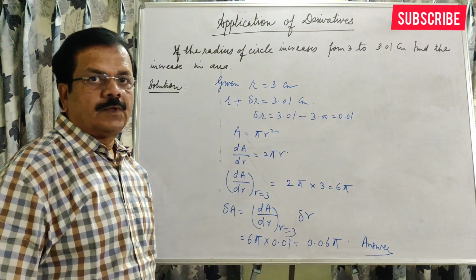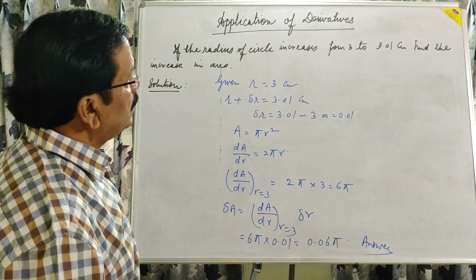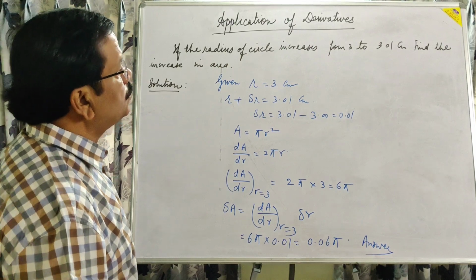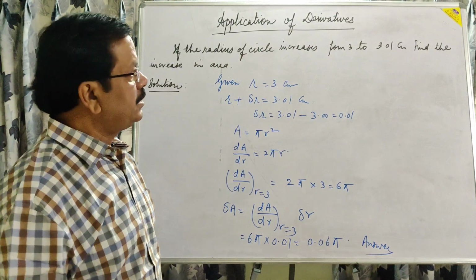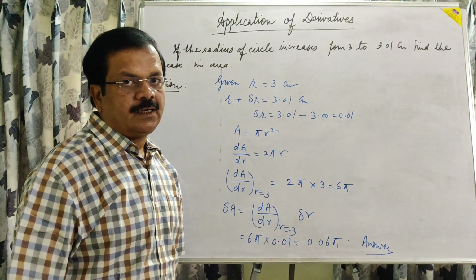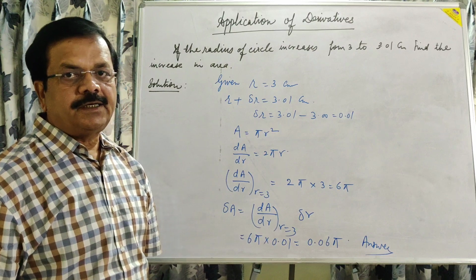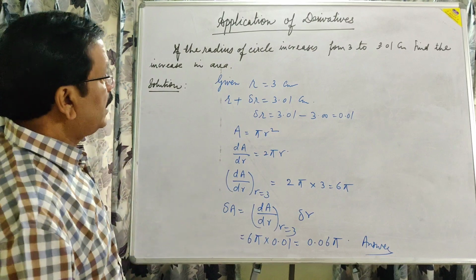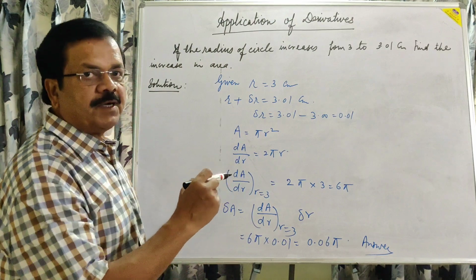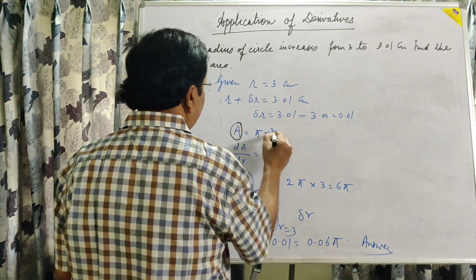Now in this question: if the radius of a circle increases from 3 to 3.01 centimeter, find the increase in area. Keeping in mind the concepts stated just now, you can see there are two variables in this question, that is area and radius.